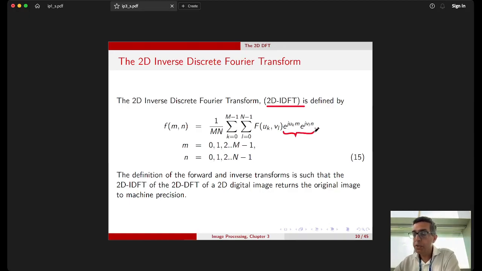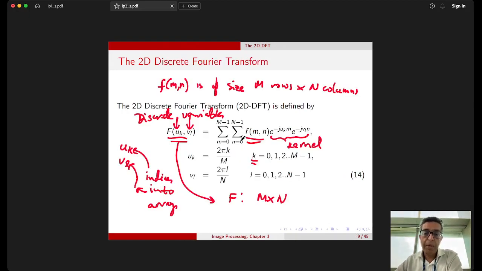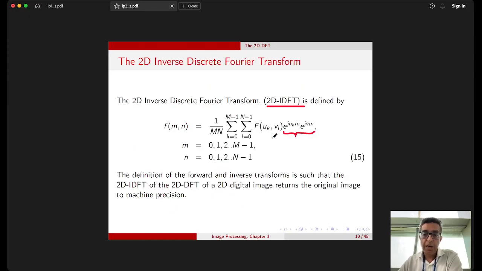We simply swap the sign on the kernel from the forward transform. And instead of summing over all the rows and all the columns of the image weighted by the kernel, here we're summing over all the values of uk and vl effectively, but indexed by little k and little l. Okay, so that gets us back to fmn.